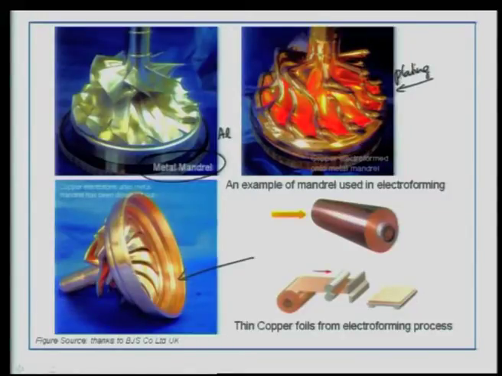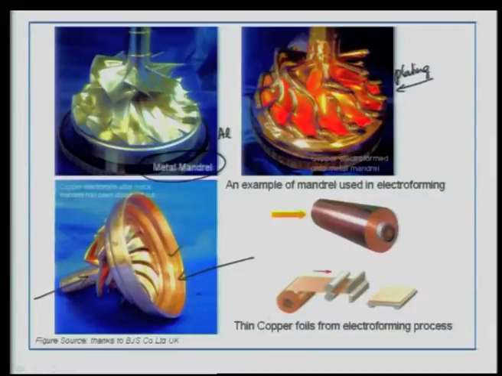Now, you can release the mandrel by dissolving out the base aluminum. Now, you will get a structure like this, which is basically what is required. Okay. So, you will be spending a lot of time on creating the mandrel, but if you look at the post-mandrel fabrication, you can see that the small detailing on the part has been nicely reproduced during the electroforming process.